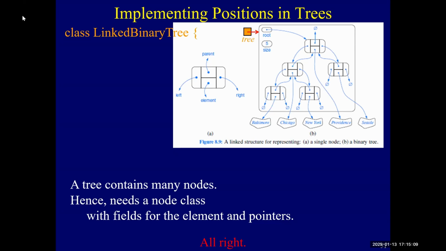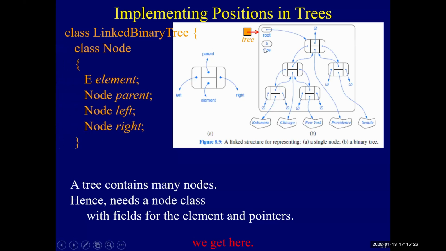So let's understand what this is. Tree is of type pointer to this tree, and it contains two fields: root and size. First we define what a node is. This is a type node.